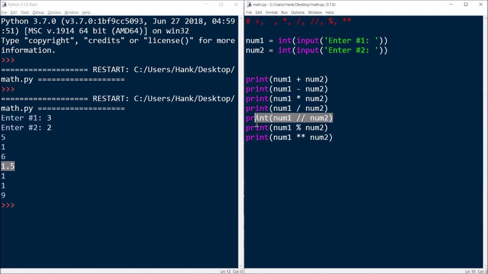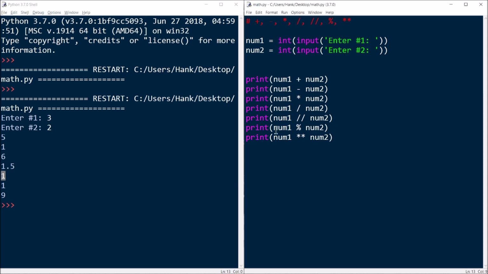Now look at this. This is integer division. 3 divided by 2, when you're doing integer division, is not 1.5, right? The result of this operator is an integer. So the answer is 1. There are no decimal places as a result of doing integer division. All right, so let's move on to modulus.